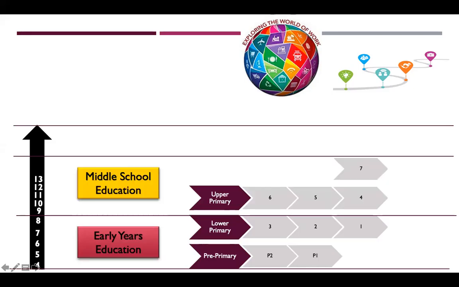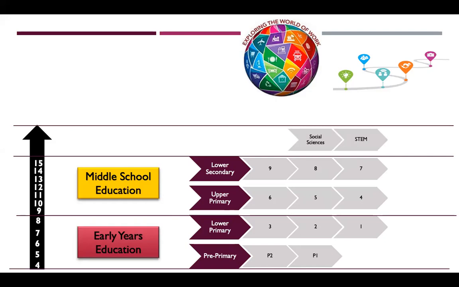And by the time they get to the end of lower secondary, they will already have done some subject specialization, so that they are preparing themselves for the next level where they can now select or choose their pathways as arts, social science, STEM, or a blend of each.